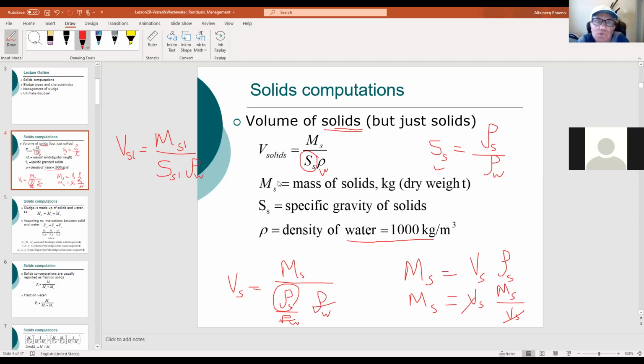So it's a simple formula that enables us to calculate volumes. This is what eventually you want, to calculate volumes. You need to figure out how much you're going to produce of whatever you are looking for, sludge, or solids in the sludge, or maybe water itself.